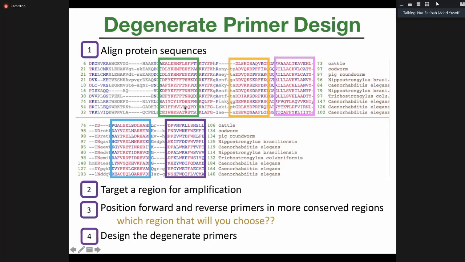Looking at these different boxes with different colors, which region will you choose to design degenerate primers, if your template is an unknown sequence? This is a question. Which region will you choose? Either the green box, the yellow, pink, blue, or purple.